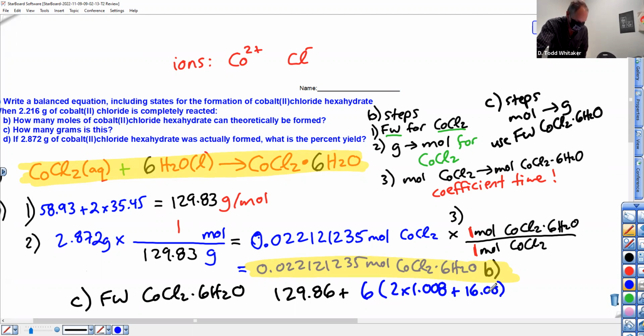That's the weight of H from the periodic table. 10. That's the weight of that in the periodic table. So 18.02, 147.846.